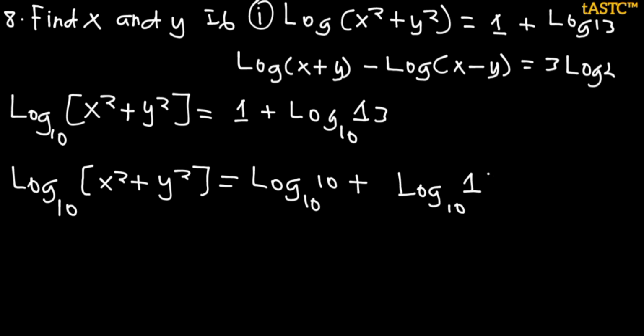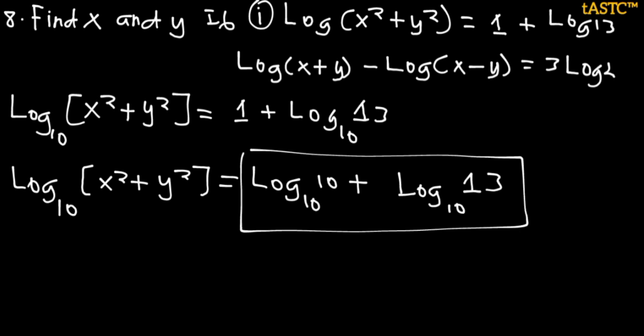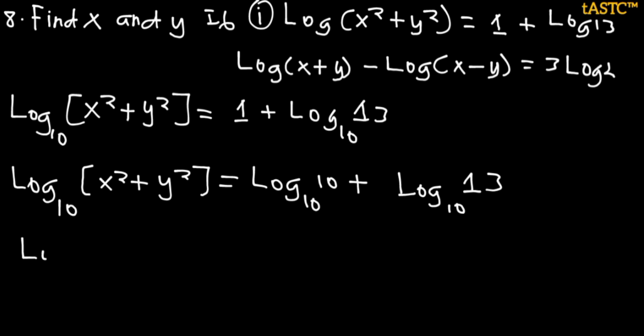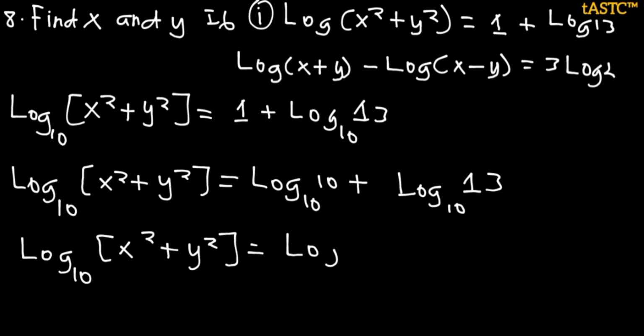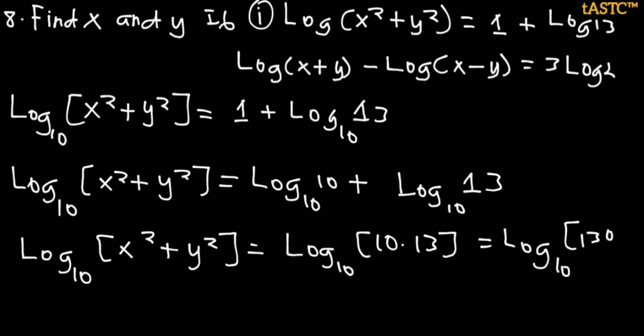So this is what we're going to have. Now on this side, we can combine this, so that would make us have log to the base 10 of x squared plus y squared equal to log to the base 10 of 130, which is 10 multiplied by 13.